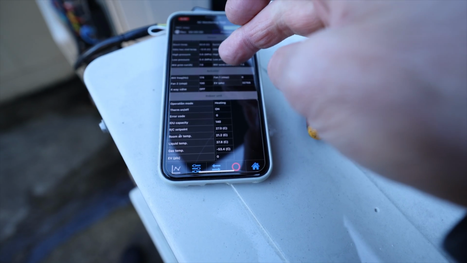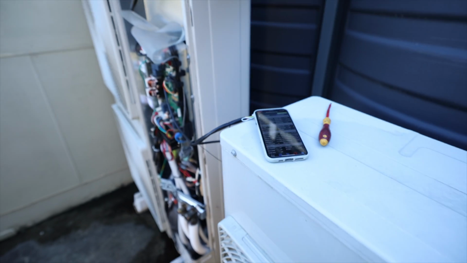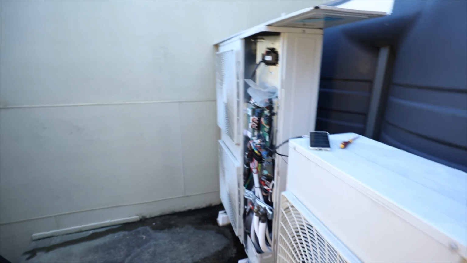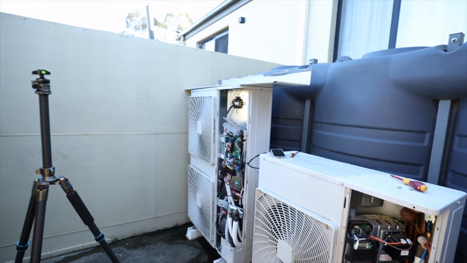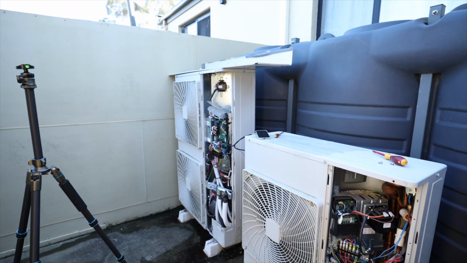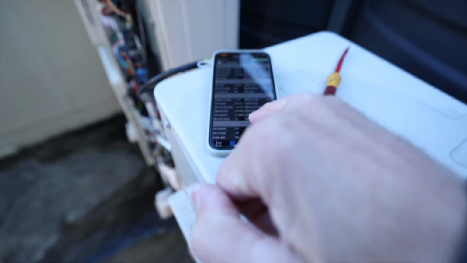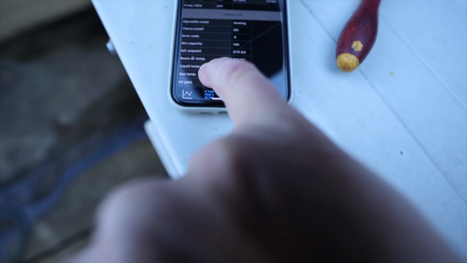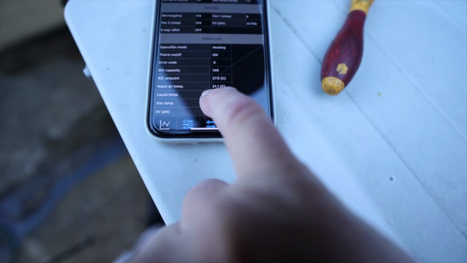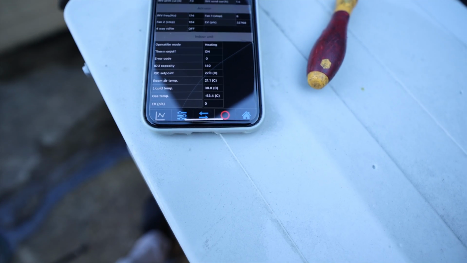Earlier it was up to like 45, and the compressor was ramping down because it was at its maximum, 46. So won't be long, this will go into defrost as well, and we'll be able to have a look at some of the temperatures. So when it does go through defrost, one thing we will see is this liquid temperature for the indoor unit. This will come right down because we're sending the cold gas inside.